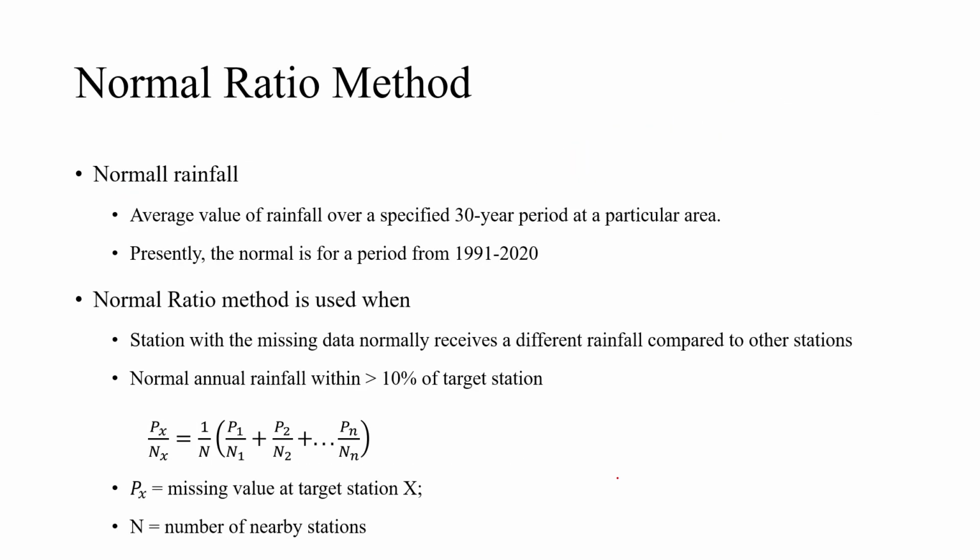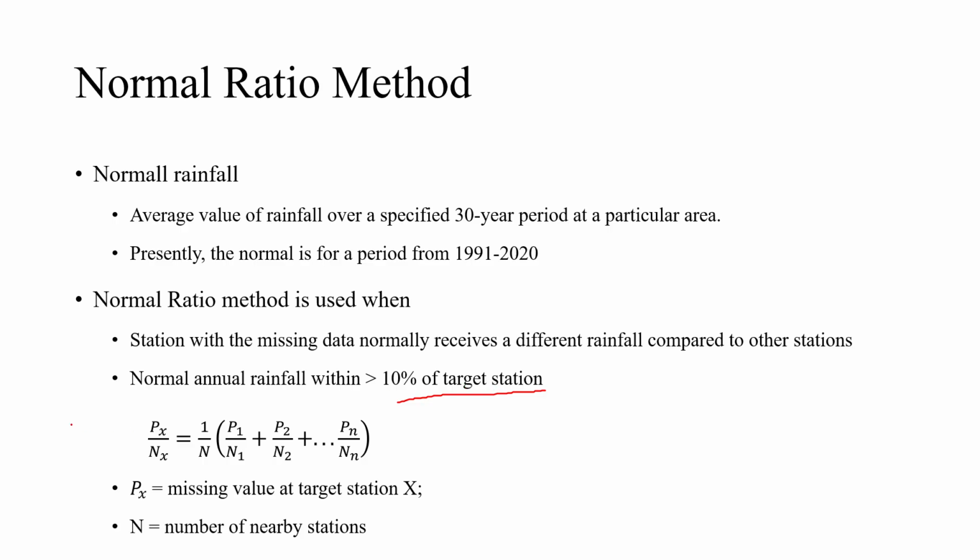Then the normal ratio method. This method will be used when the normal annual rainfall is greater than 10% of the target station. In the previous method, arithmetic mean, we use that method when the normal annual rainfall is within 10% of the target station. And in the normal ratio method, we use this when the normal annual rainfall differs by more than 10% from the target station.